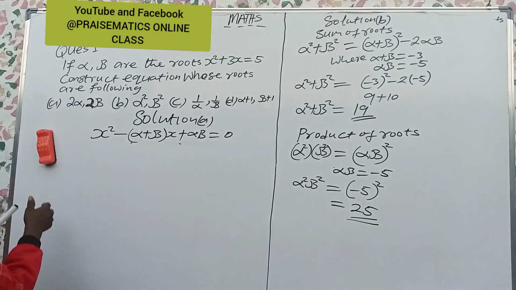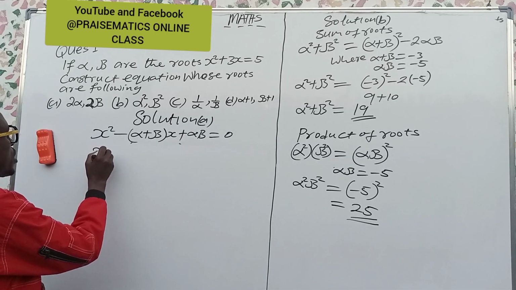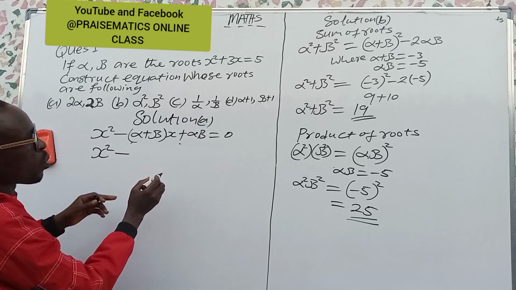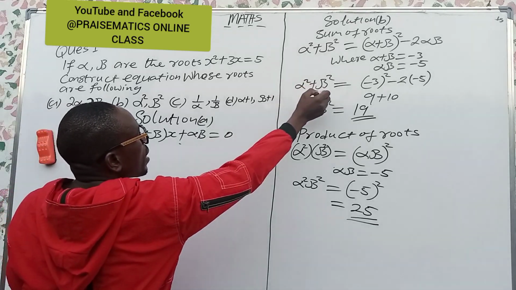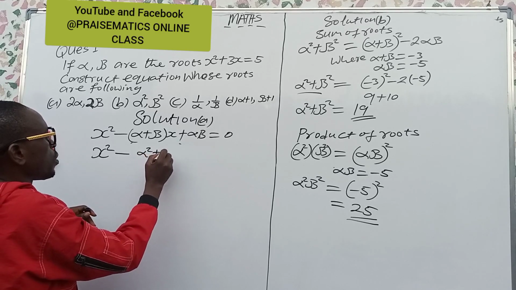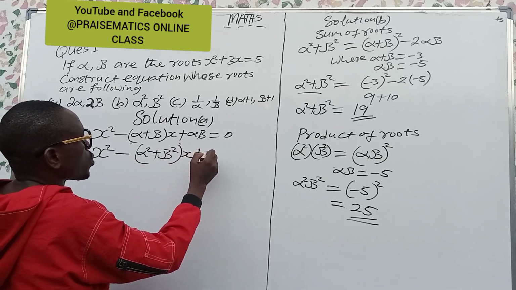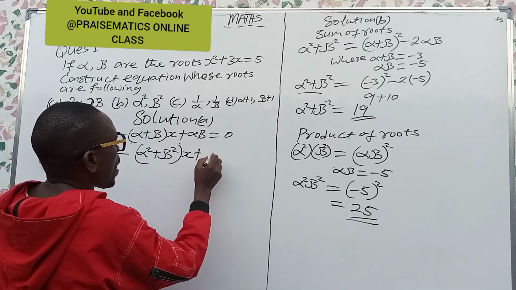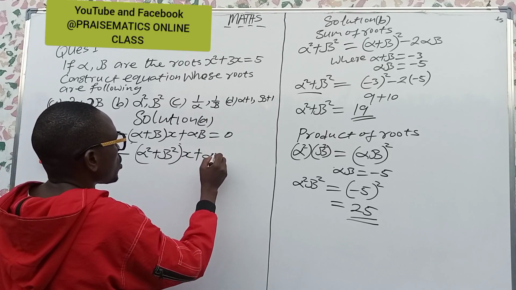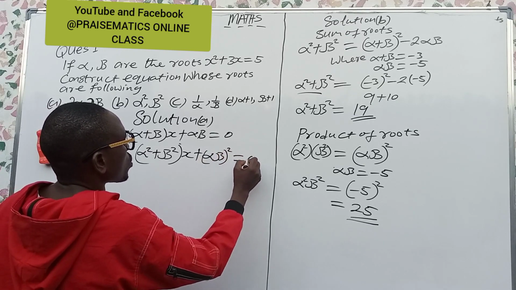The new quadratic formula will be like this: x squared minus the sum of the roots, alpha squared plus beta squared, x plus the product, alpha squared beta squared, equals 0.